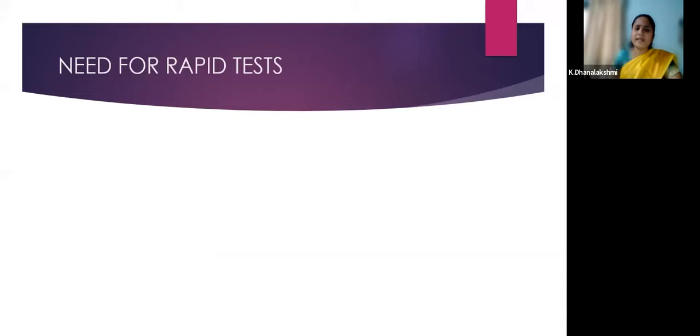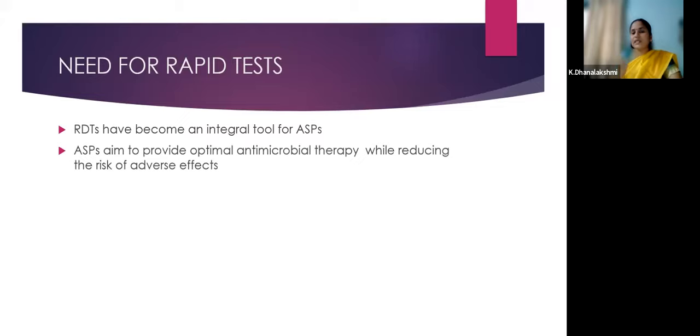There are many gold standard tests for each and every organism, but still sometimes you need a rapid test. So what is the need for the rapid test? The rapid test has become an integral tool for ASP, the Antimicrobial Stewardship Program. What is the aim of the ASP? It aims to optimize antimicrobial therapy while reducing the risk of adverse events. For example, you see a child with pharyngotonsillitis. You make a clinical diagnosis of group A beta hemolytic streptococcus.